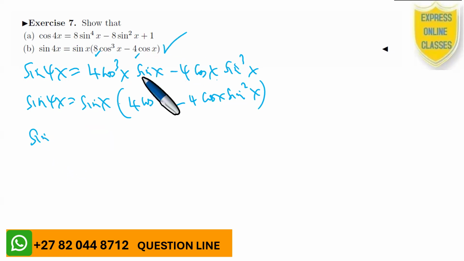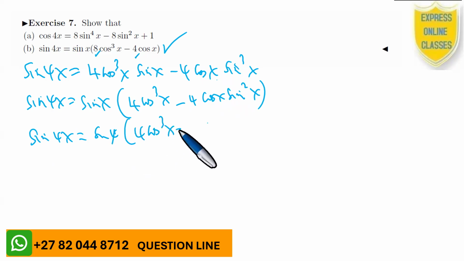Well, I want to prove this one. This one we have taken from the binomial expansion, which is sine x times 4 cosine cubed x minus 4 cosine x.